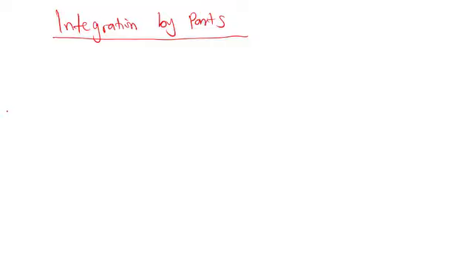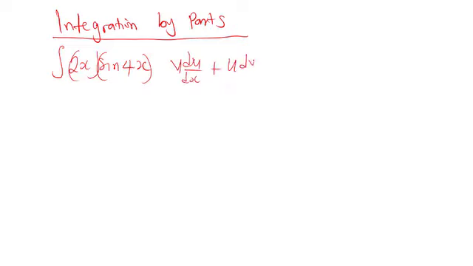Now, when we talk about integration by parts, it's synonymous to the product rule when you talk about integration. For example, if you're asked to integrate something like 2x sine 4x, normally in differentiation we apply the product rule, which says v du/dx plus u dv/dx.